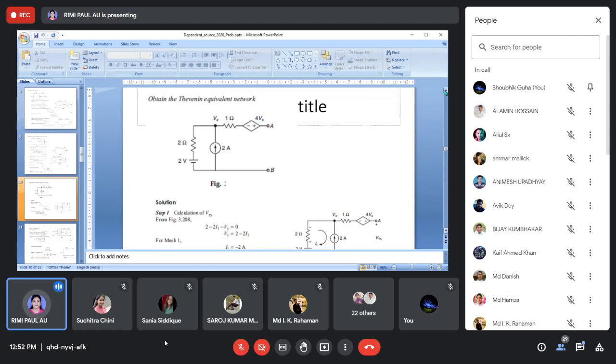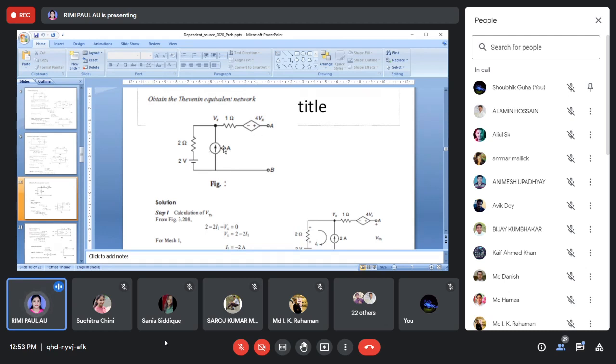Now this is another problem, the Thevenin's theorem problem. Here it is written: obtain the Thevenin's equivalent network. This type of problem you have already solved, where you got independent sources.